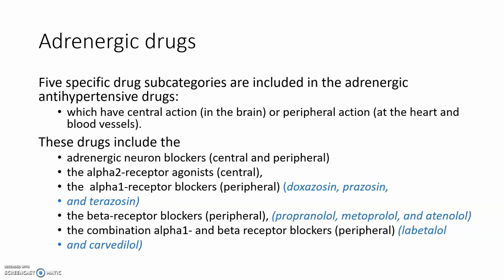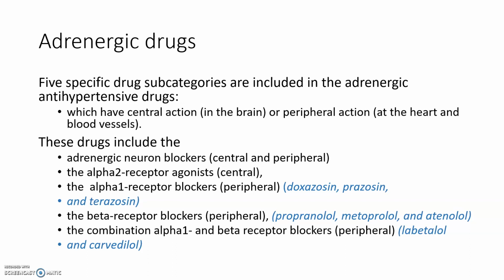These drugs work in the periphery, which is your alpha 1 blockers: doxazosin, prazosin, terazosin. They all modify the sympathetic nervous system by blocking alpha 1 receptors.